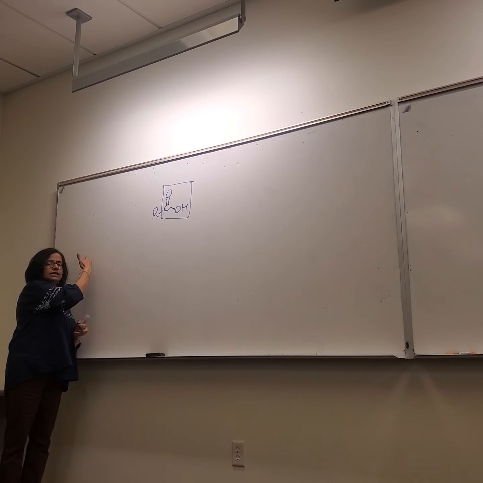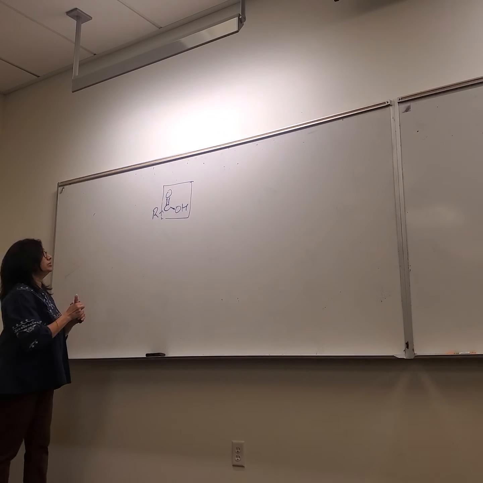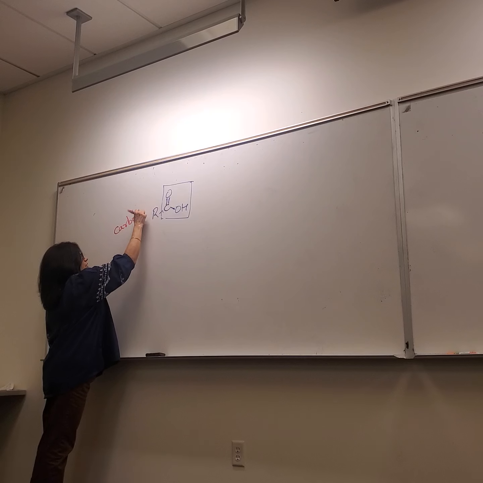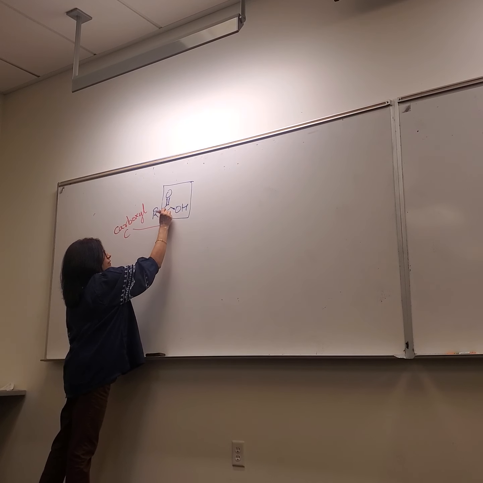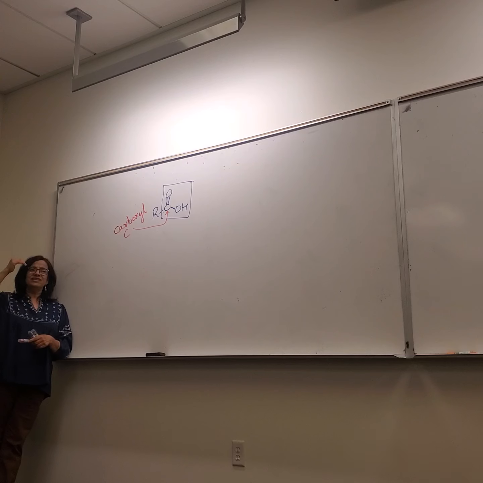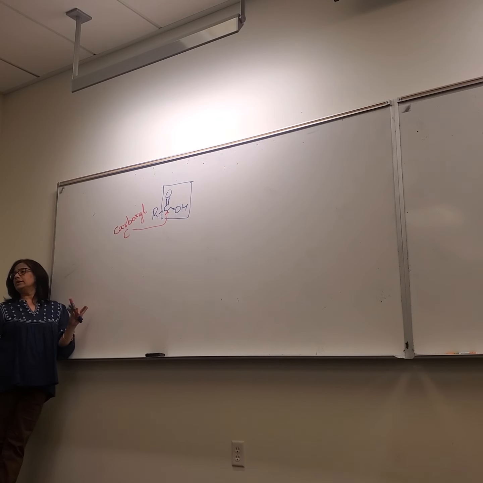Carbonyl carbon is in aldehydes and ketones. This is called a carboxyl carbon. That is the reason why carboxylic acids have the highest priority in IUPAC naming, because that carbon has the highest oxidation state.